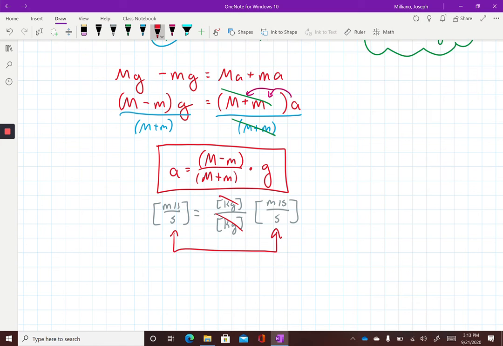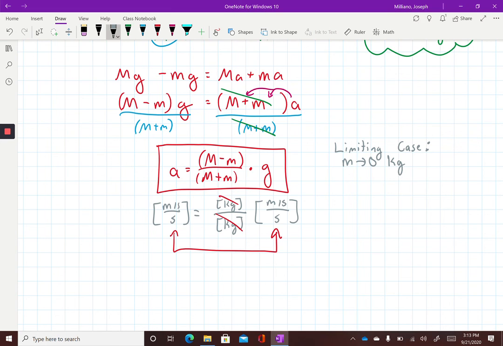We can also look at a limiting case to see if this equation makes sense. What would happen if we took the little m, that small mass, and made it go all the way to 0 kilograms? Well, that would be the equivalent of just cutting the rope, right? There being no small mass at the other end.